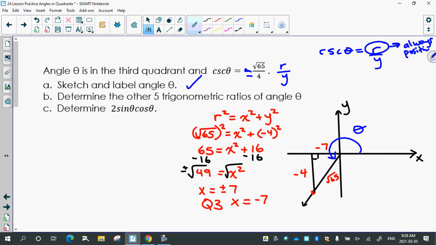B is to write out the other 5 ratios. We already know cosecant, but write out the other 5. So the sine of angle theta is the y value over the r value, so for us, that's negative 4 over root 65.